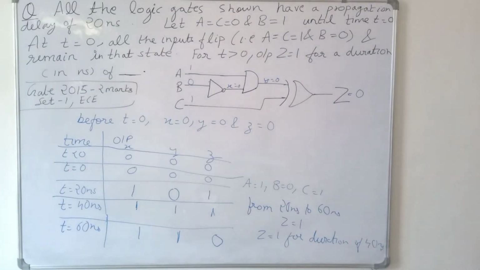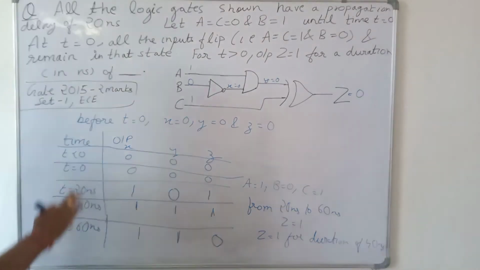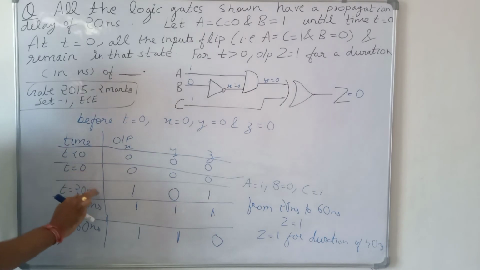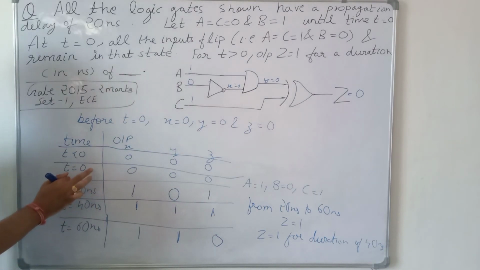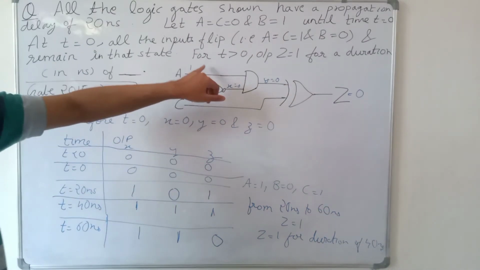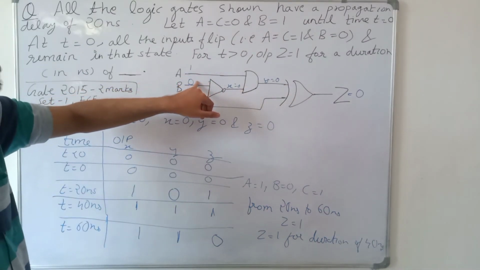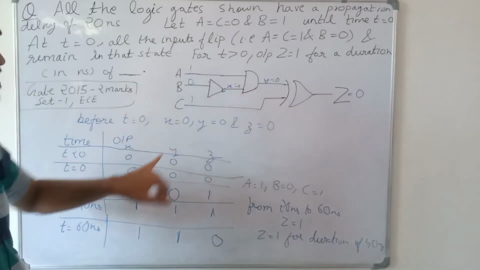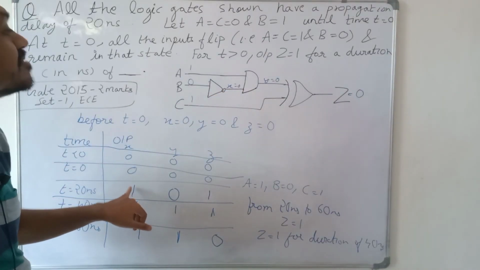So based on this, we have to check the outputs. Again I am repeating, for the output at t equal to 20 nanoseconds, we have to check the inputs at t equal to 0. At t equal to 0, a was 1 and b was 0, so x will change to 1.